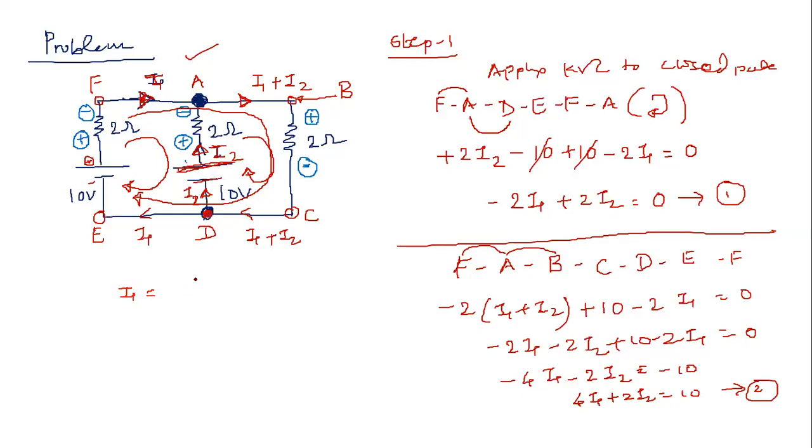Please note down this value. I2 will be 1.667 ampere, and I1 plus I2 is equal to 3.334 ampere, right?